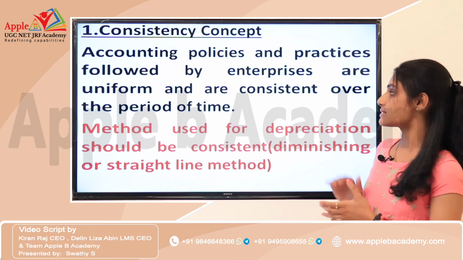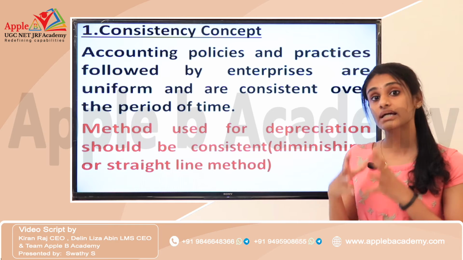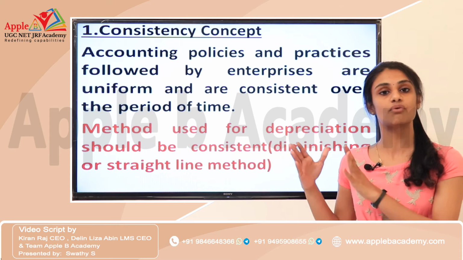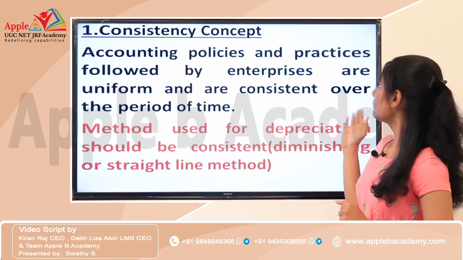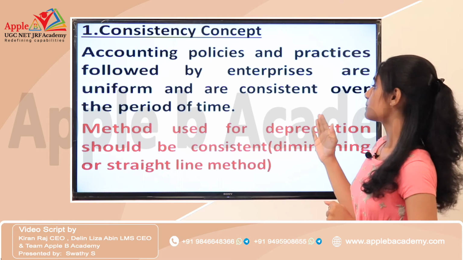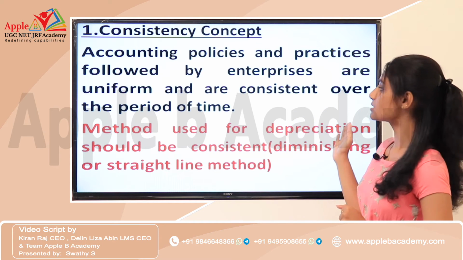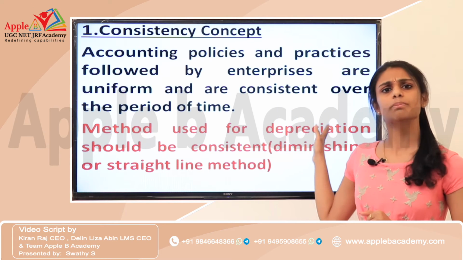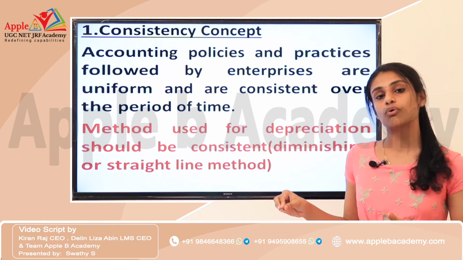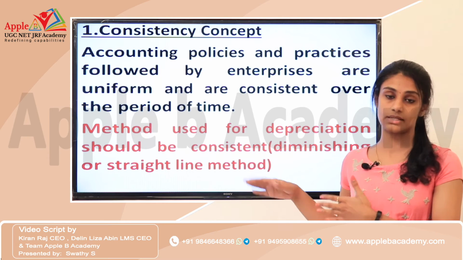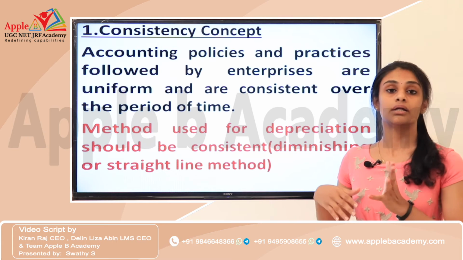That is consistency. There should be consistency in the practices that we follow in order to maintain uniformity. So the accounting policies and practices followed by an enterprise are uniform and consistent over a period of time. Whichever practice you are following, you have to follow it continuously. You are not able to change it in different years.